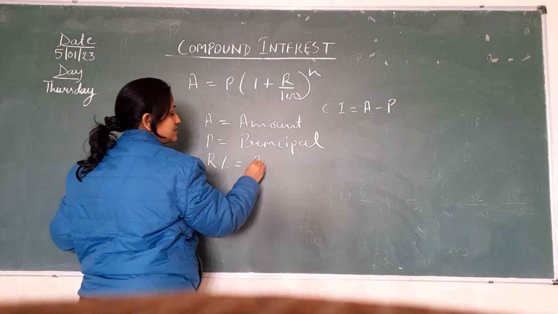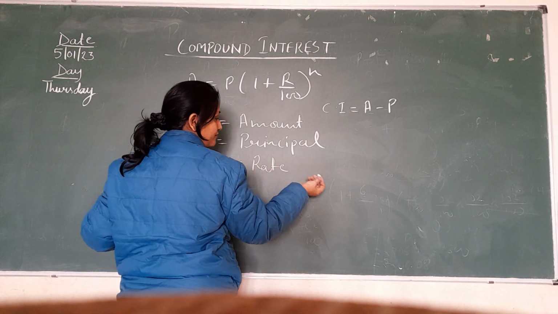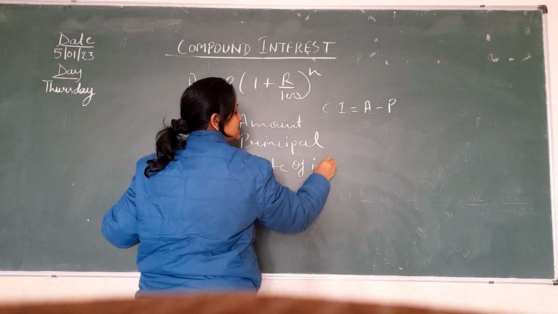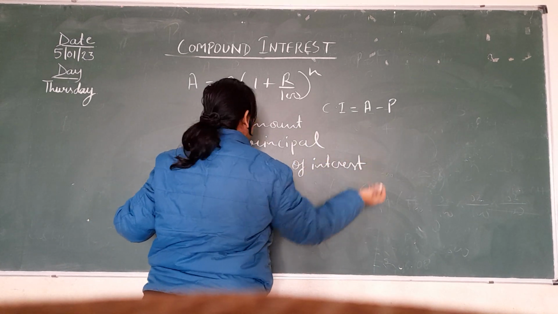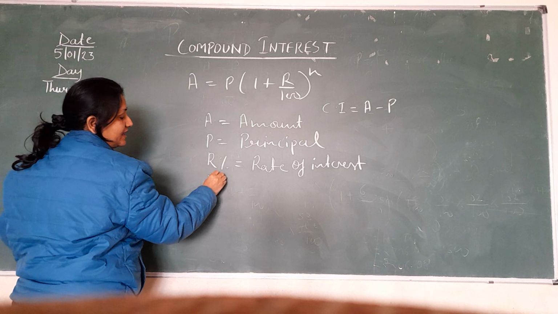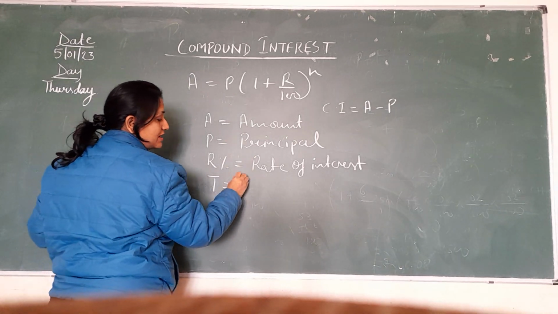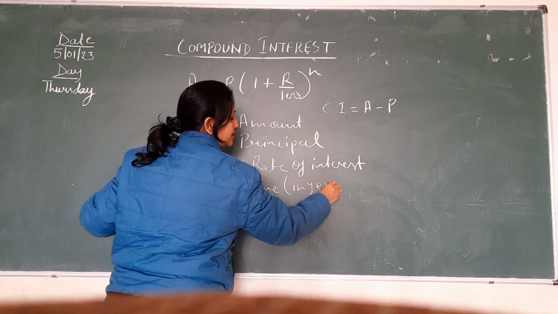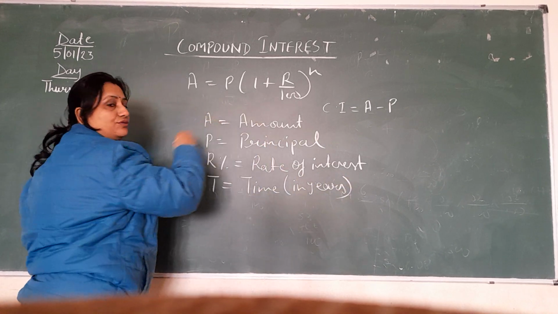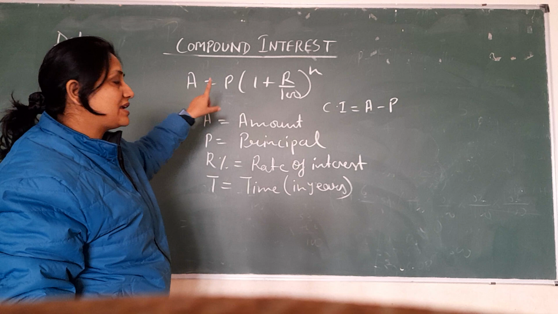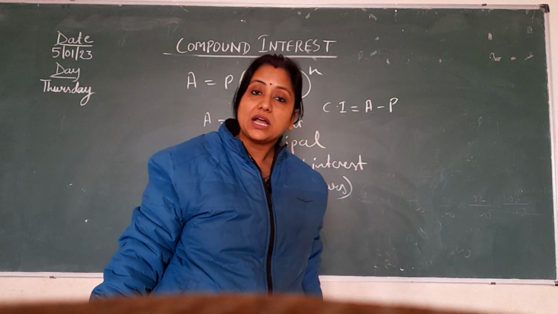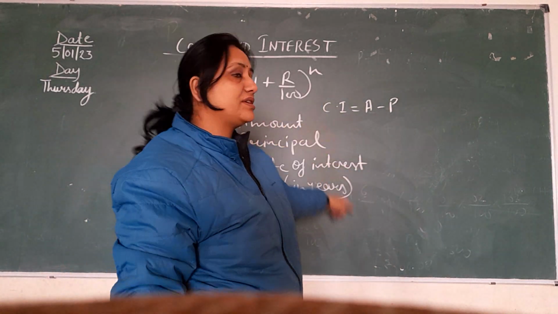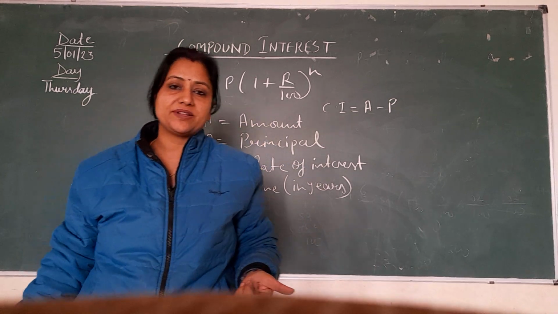Rate of interest is given in the form of percentage per annum, and T stands for time, which is given in years. So by using this formula we will find out the amount, and then after we will find out the compound interest, and compound interest is equal to amount minus principal.